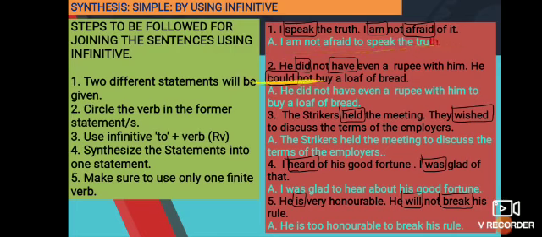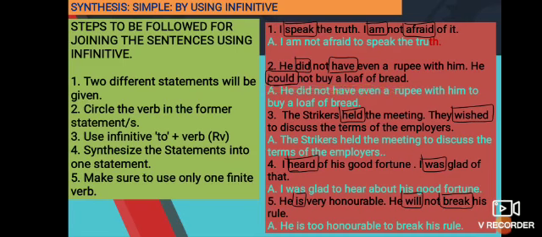Next is: He did not have even a rupee with him. He could not buy a loaf of bread. So it is did have and then it is could buy. Could, the modal, is itself a finite verb, but the verb that is used after the modal is a non-finite verb. Usually what we do is, in the latter part we use to to make the verb non-finite.